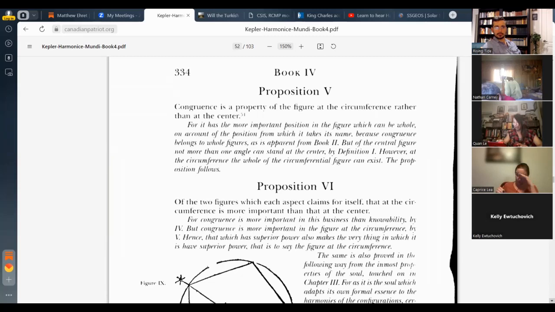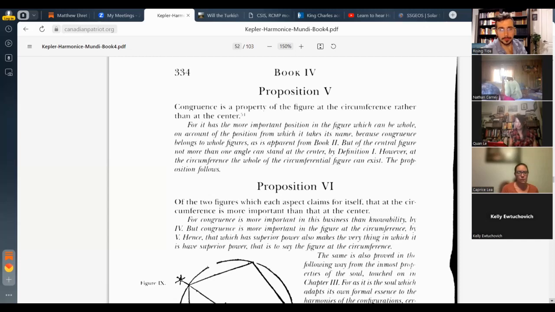Okay. Here, I think it's worth reading note 54. Here, the reasoning is entirely mathematical. Kepler asserts quite reasonably that the capacity to form congruences is a property of the figure as a whole, and the circumferential polygon is employed as a whole, the circle passing through all its vertices, whereas the central polygon has only one of its angles at the center.